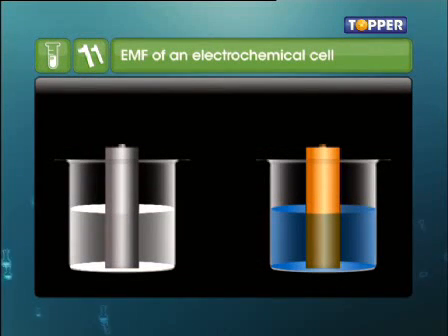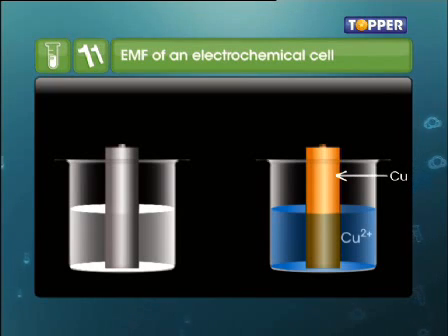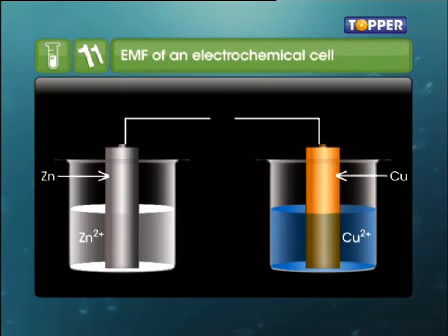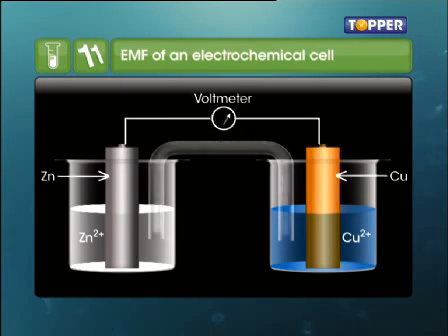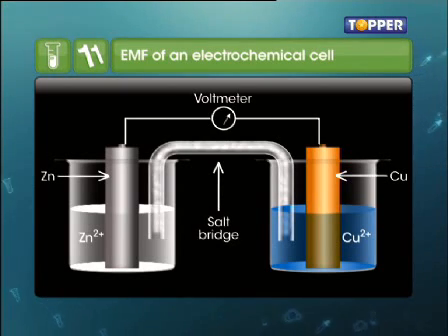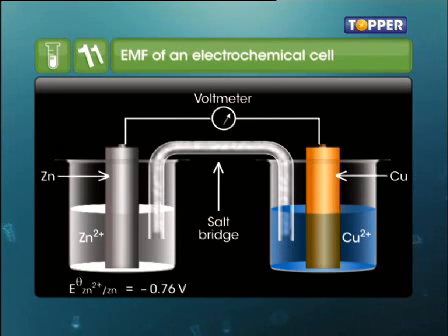An electrochemical cell has been constructed with copper dipped in copper sulfate solution and zinc dipped in zinc sulfate solution, and both the electrodes are connected with wires. Here, the reduction potential of zinc is equal to minus 0.76 volts, and the reduction potential of copper is 0.34 volts.